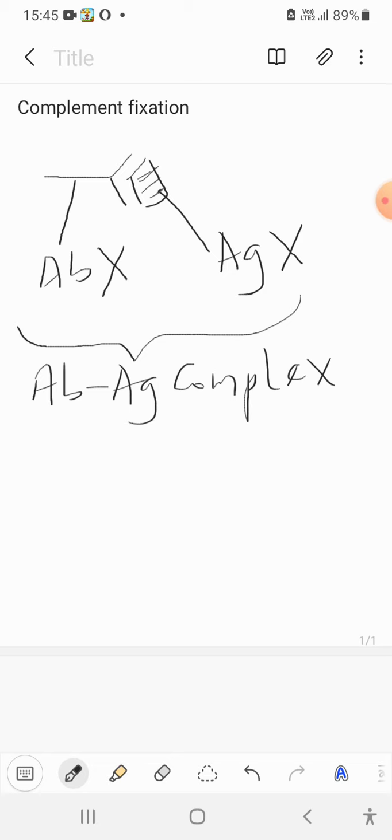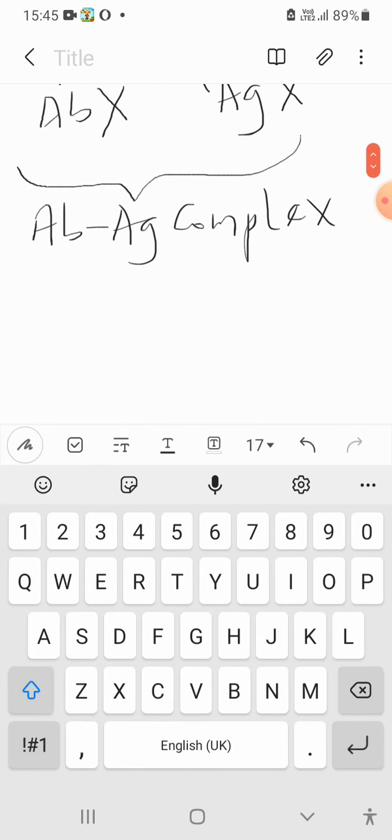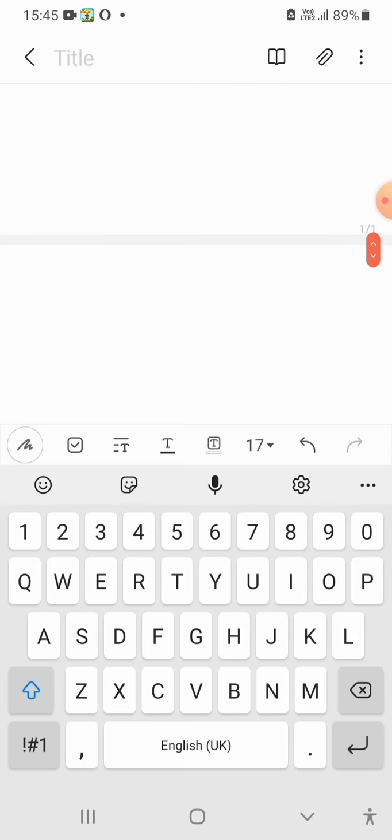But in complement fixation test, you will have, one, a patient serum, where you expect the antibody.